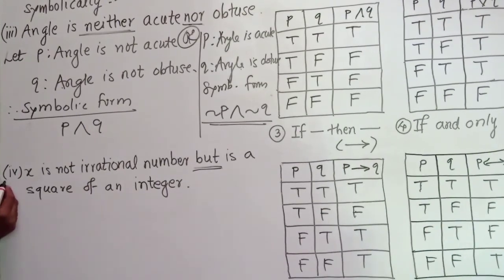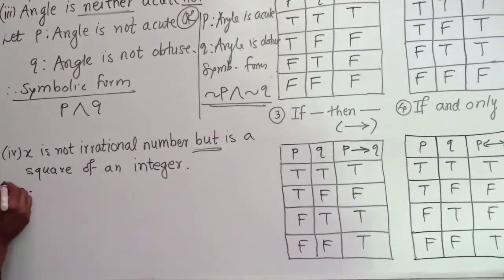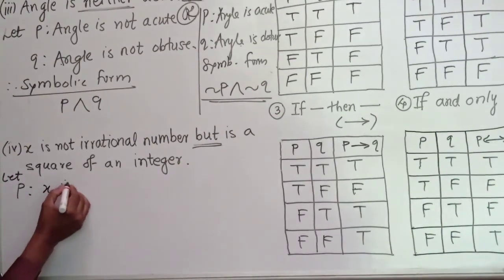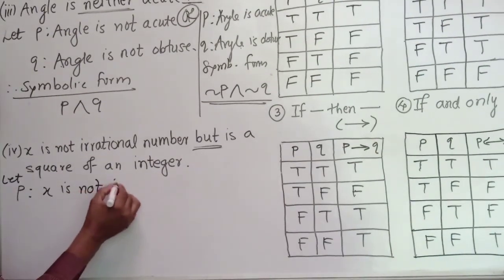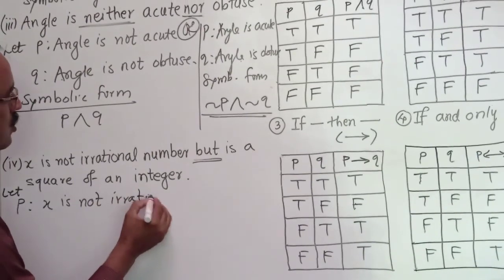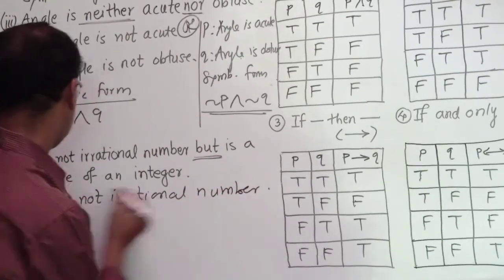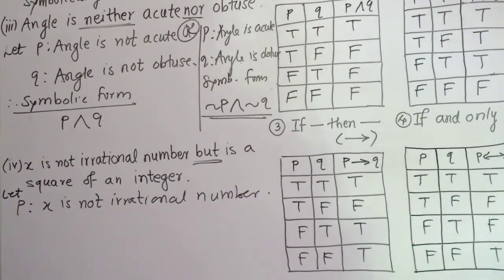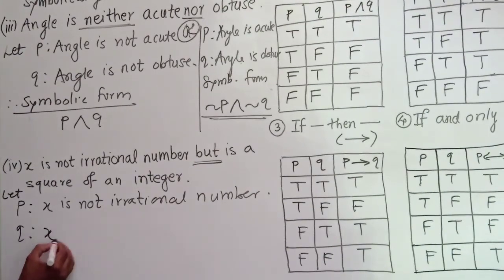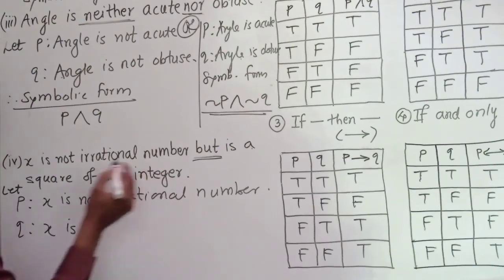Now we consider another example here. X is not an irrational number. So we consider here statements: let P be the statement that X is not an irrational number, and Q statement is X is a square of an integer.